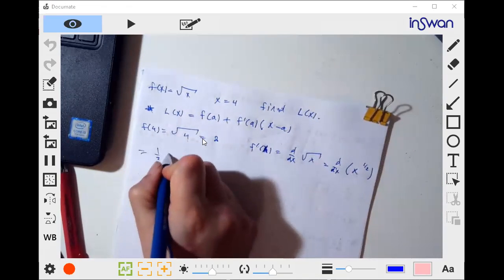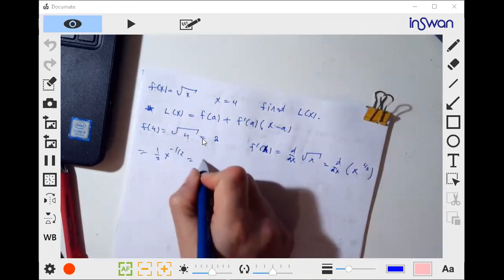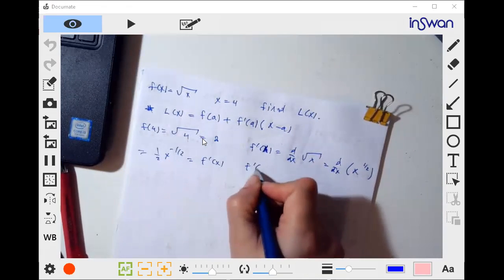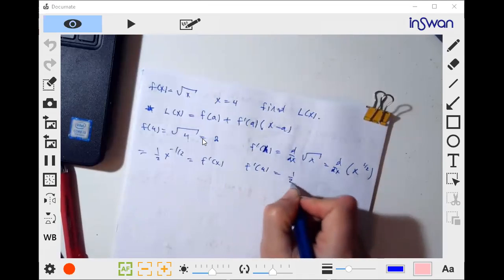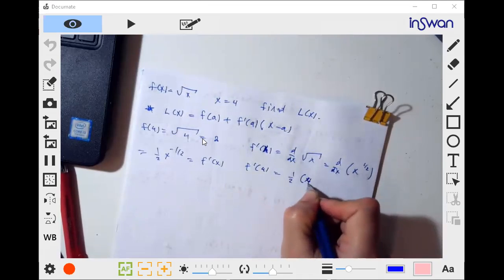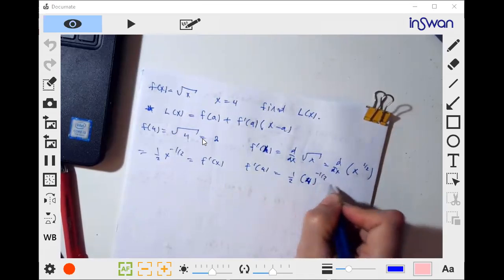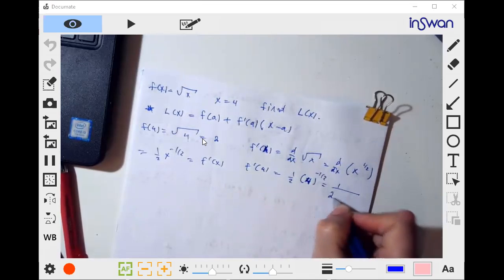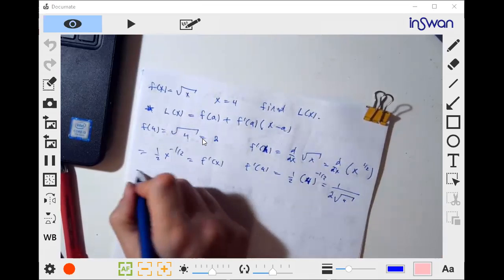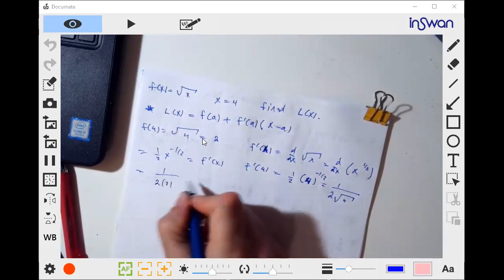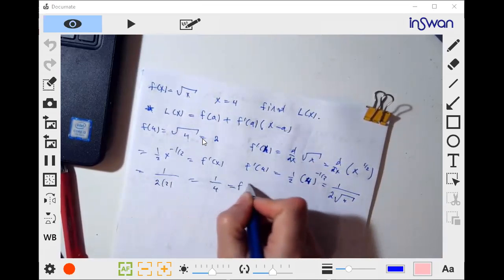So that's 1/2 x to the negative 1/2. This is our f prime of x. So then f prime of 4 is equal to 1/2 times 4 raised to the negative 1/2. So that's 1 over 2 times the square root of 4, which is 1 over 2 times 2. So that's 1 over 4. This is our f prime of 4.